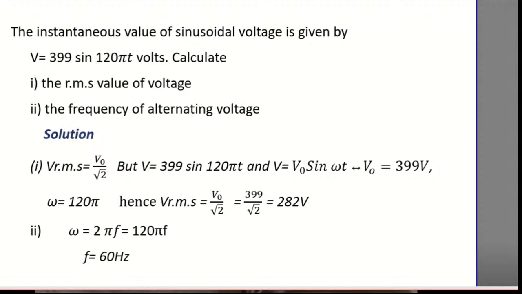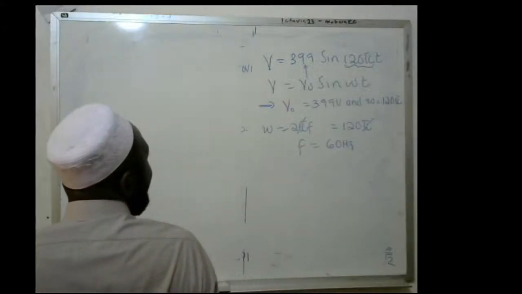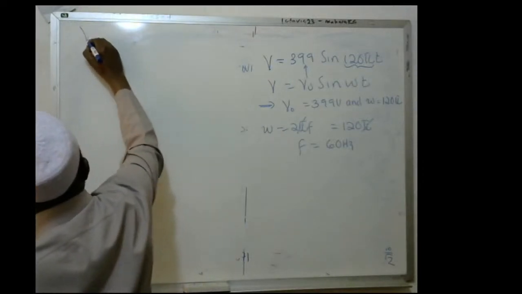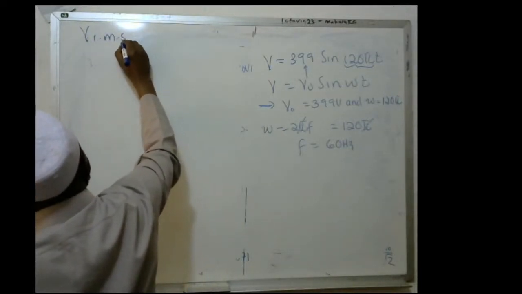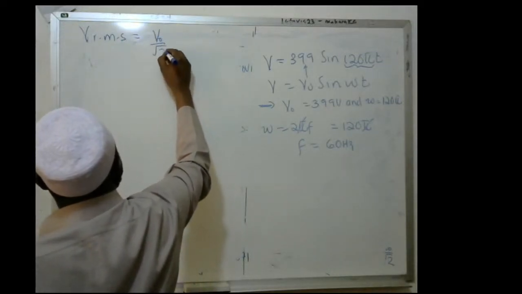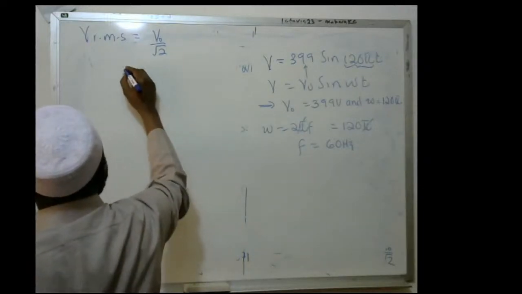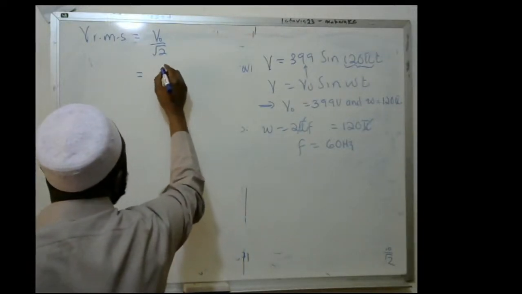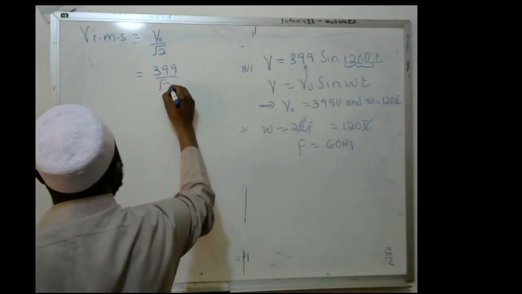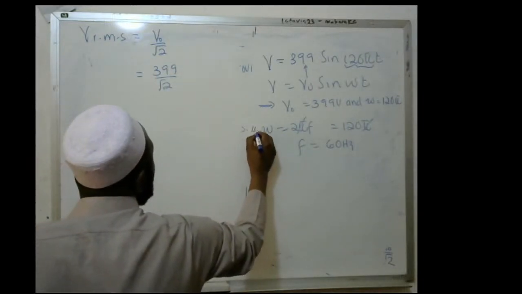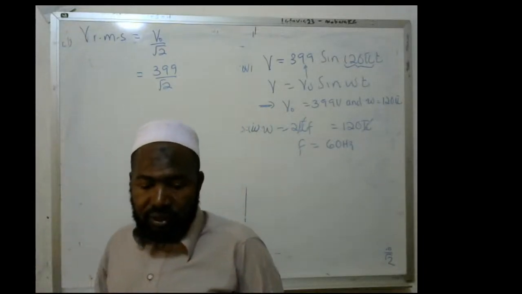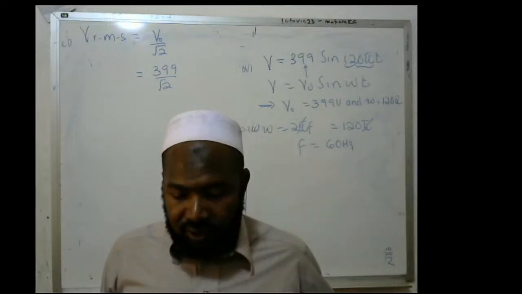You have already got 399 as your peak value. From the expression, VRMS is equal to V naught over root 2. You can now get the RMS value as 399 over root 2. So this was part 2 and this was part 1. So you could easily get the answer in this.